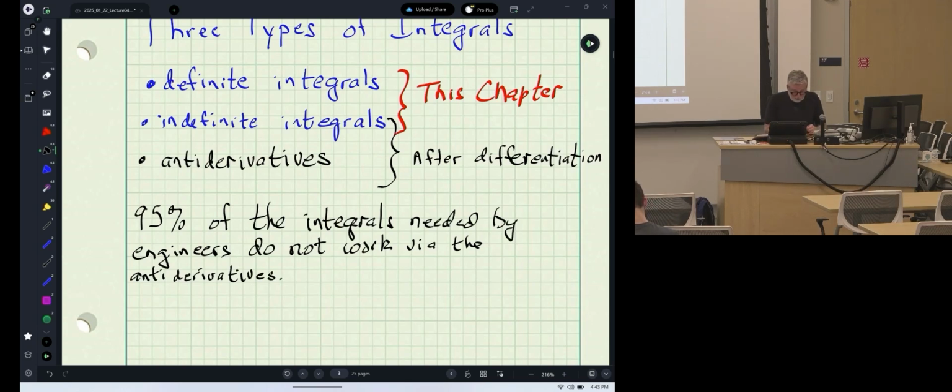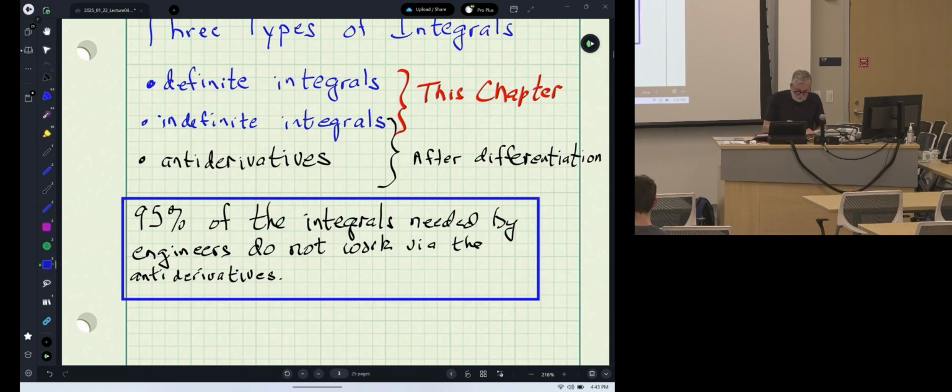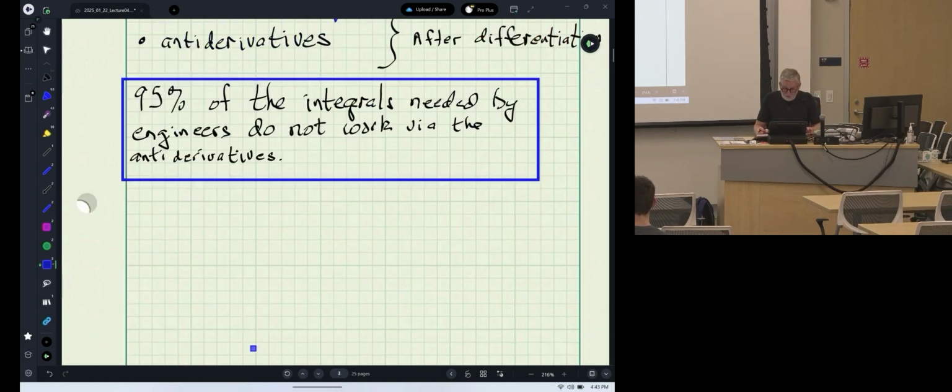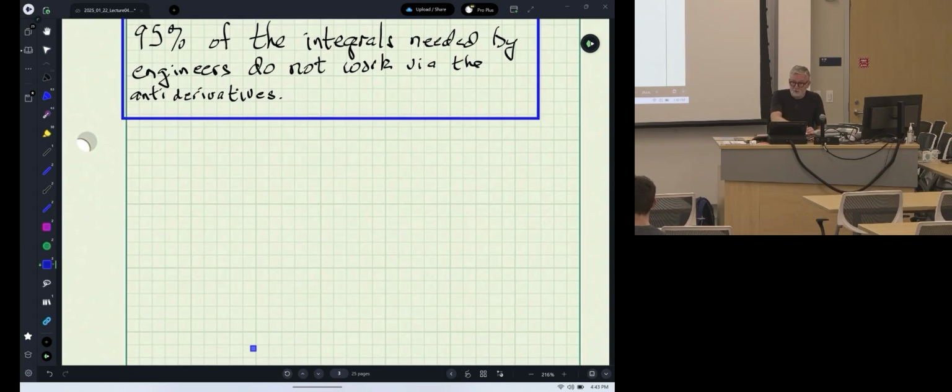Okay, so what we're doing today is super important because it's how you will compute integrals basically for the rest of your career. Whoa, mysterious, must be important. Well, we'll see.